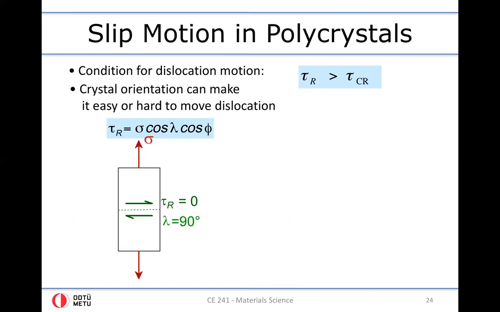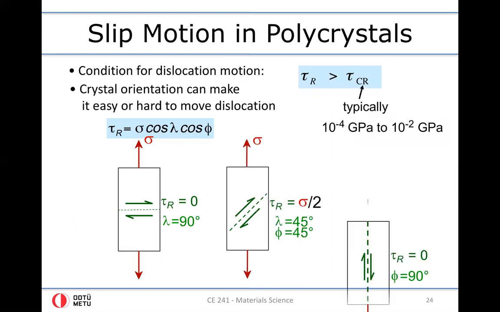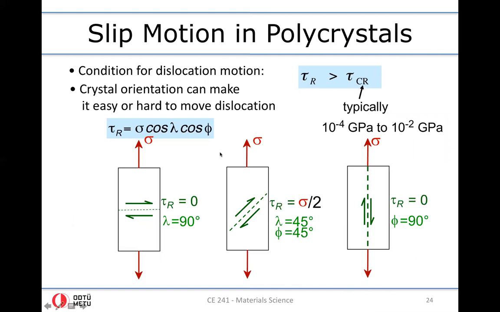Geometrically, you can consider these three cases. Remember, the condition for a dislocation to move is that the resolved shear stress must be greater than the critical resolved shear stress, and the critical resolved shear stress magnitude lies between 0.1 megapascals and 10 megapascals. Crystal orientation can make it easy or hard to move a dislocation.